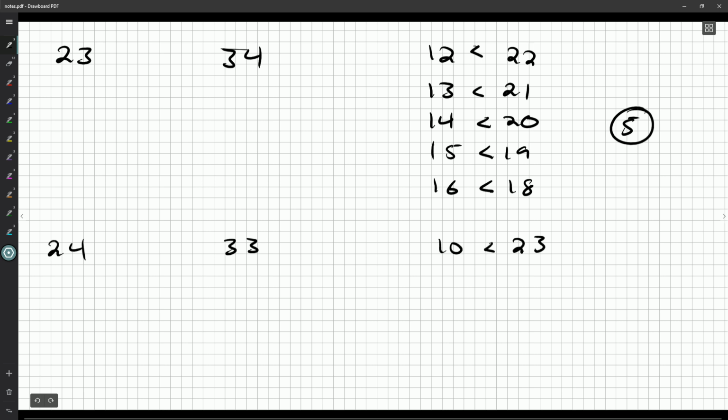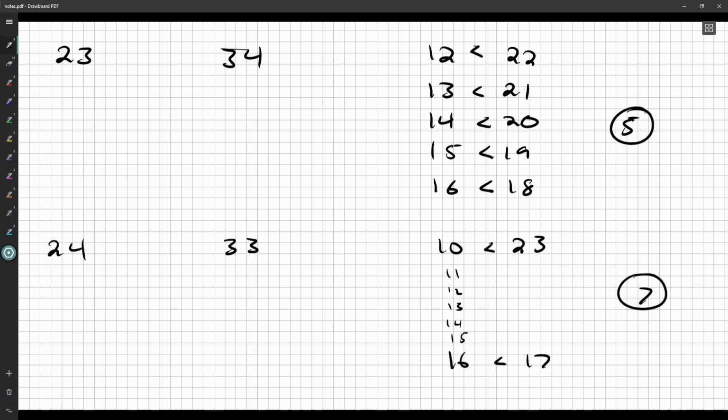Now what's the closest x and y can be? Well, 16, 17 would be the best. And now I don't need to write all these ones in the middle. I just need to know, well, how many of those are there? Right? 10, 11, 12, 13, 14, 15, 16. There's going to be 7 of these. I don't actually need to write them all out. So far we've got 1, 2, 4, 5, 7.